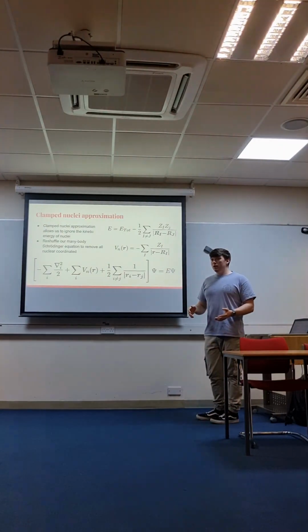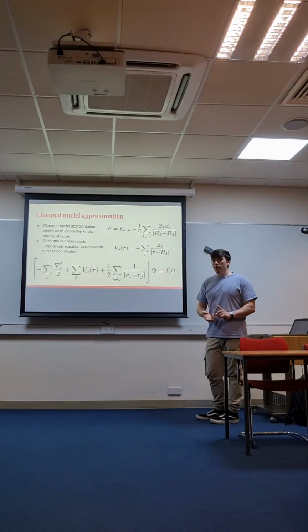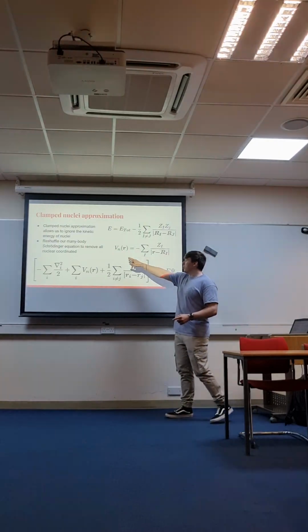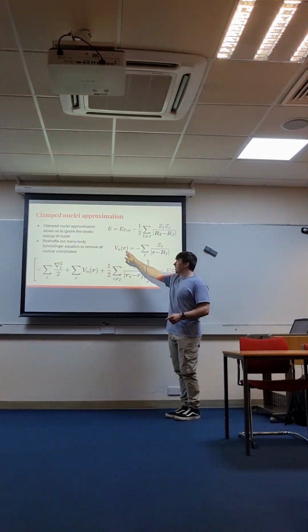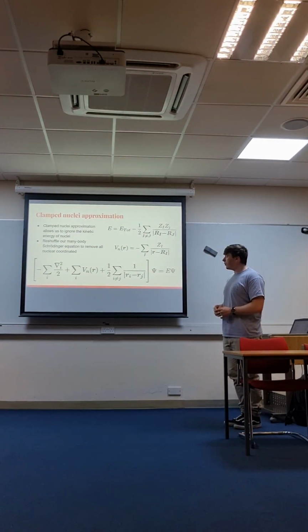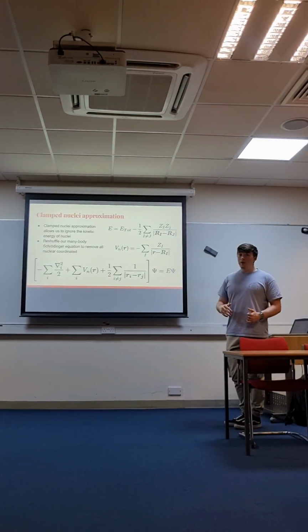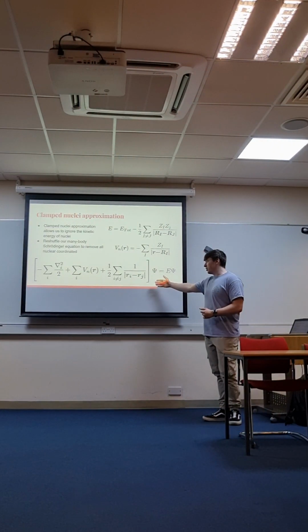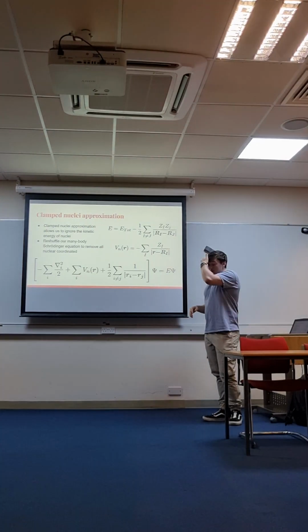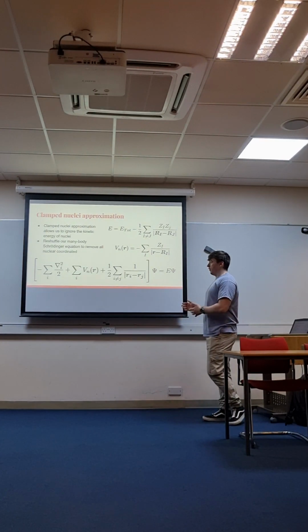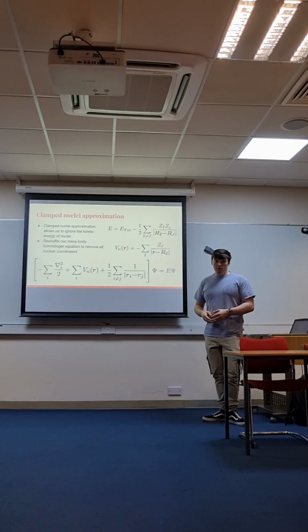We can also redefine the Coulomb interaction between the nuclei and the electrons as just a potential from our nucleus that the electrons move through. Doing this simplifies down our Schrödinger equation into the bottom equation here. And this is called the fundamental equation of electron structure. This will become important later as we can use it for some derivations.